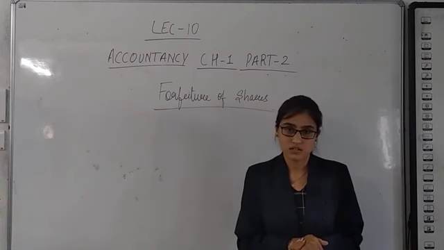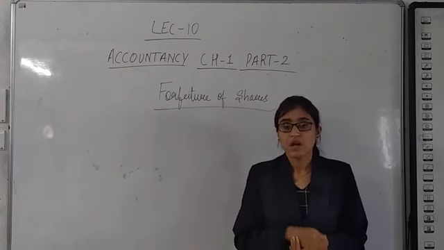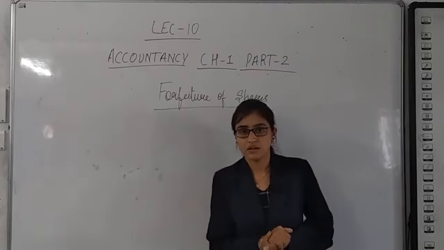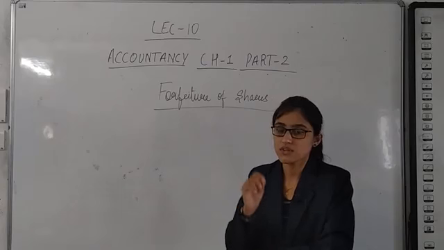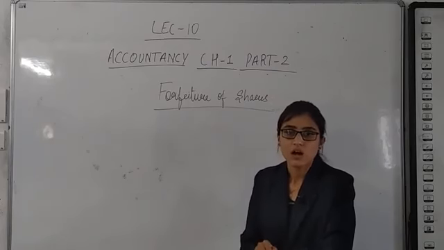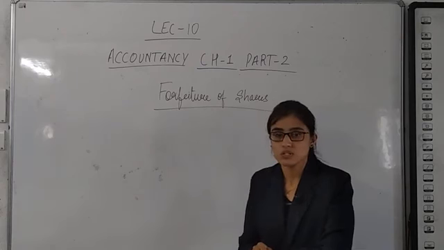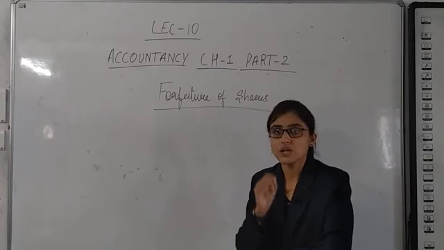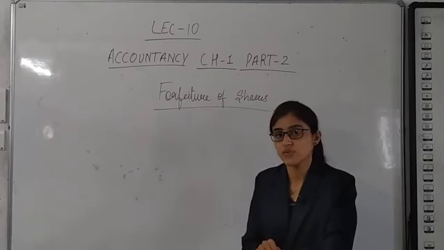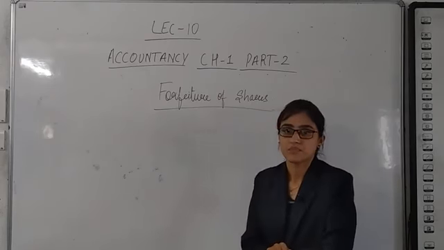But what if the amount is unpaid? If the amount of call in arrears is not paid till the end, even after giving necessary notice, sufficient time and reminders, what does a company do with that? The company will forfeit those shares.